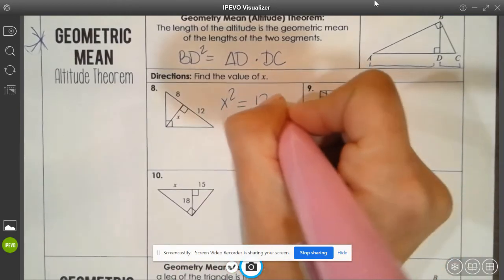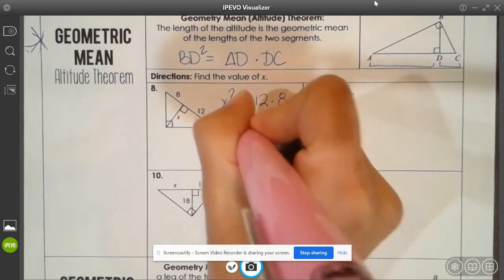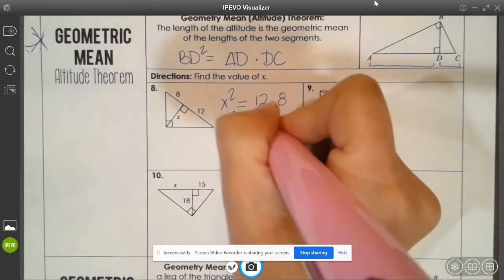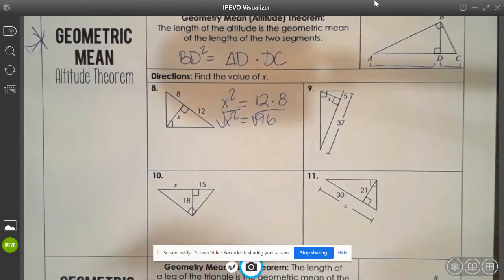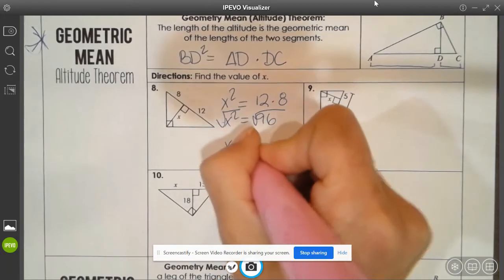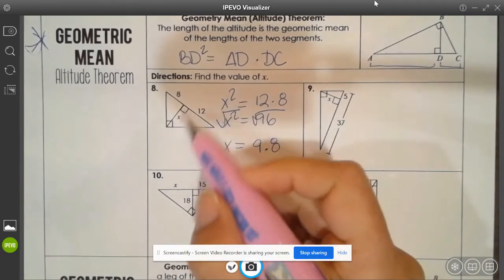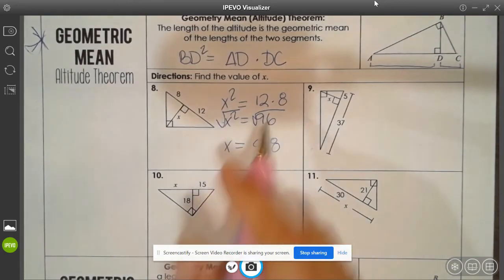That's 12 times 8. So x squared, 12 times 8 is 96. And then you take the square root of 96. I get x equals 9.8. And that is my altitude. Pretty simple, right? Don't forget to take the square root there.